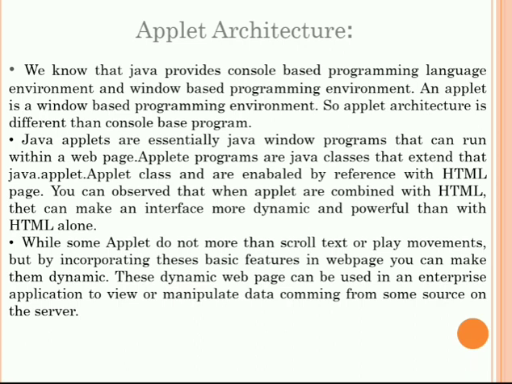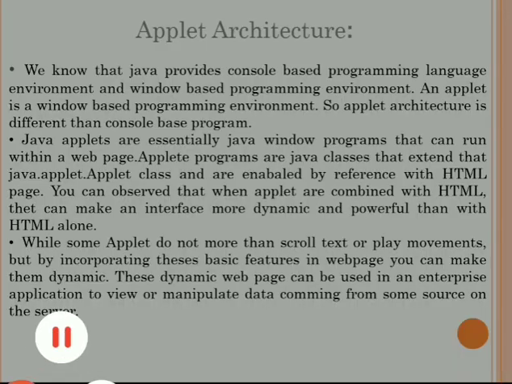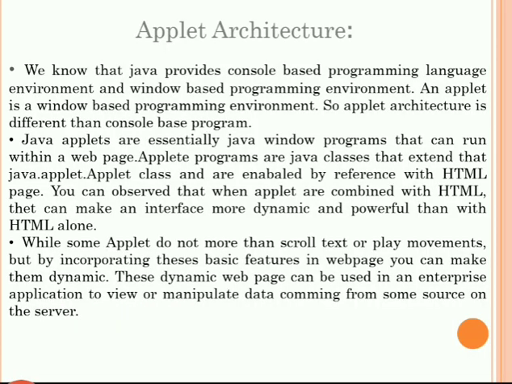You can observe that when applets are combined with HTML, they can make an interface more dynamic and powerful than HTML alone. We saw yesterday that HTML is not a programming language. HTML is a markup language, and Java is a programming language. Can a Java applet run directly? No, a Java applet cannot run alone.